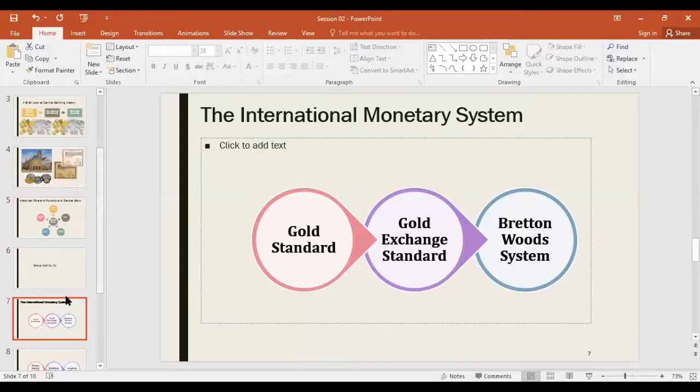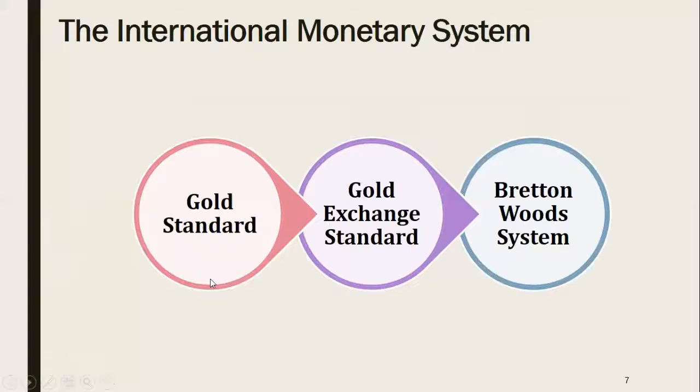So the central bank had to sustain that trust of the general public. For that, they should have a stronger financial status. So to increase the public's trust and to maintain the stronger financial status, they introduced a concept called the gold standard.